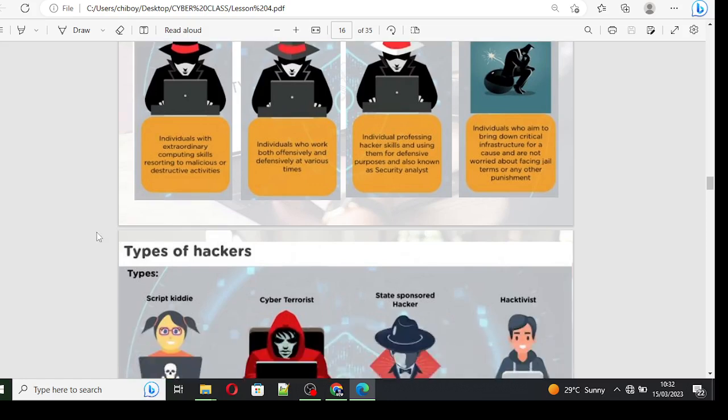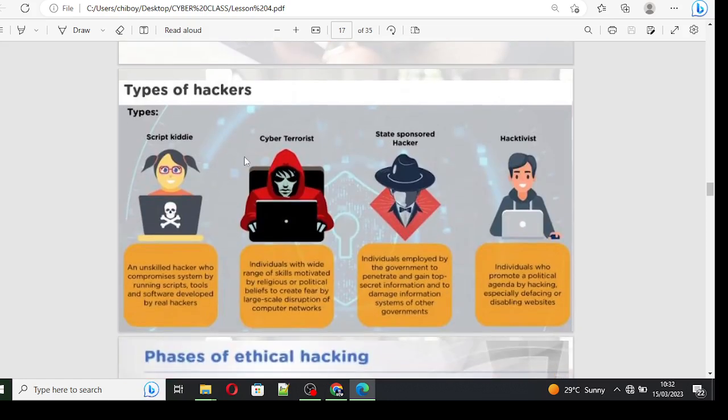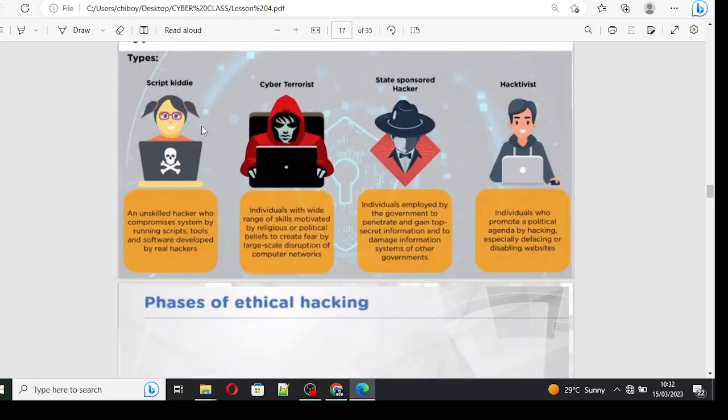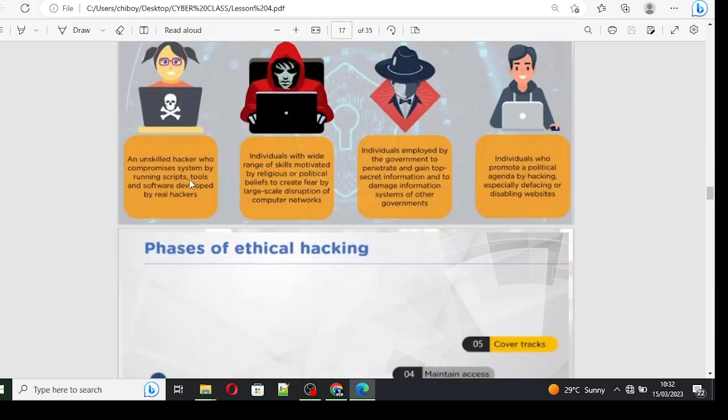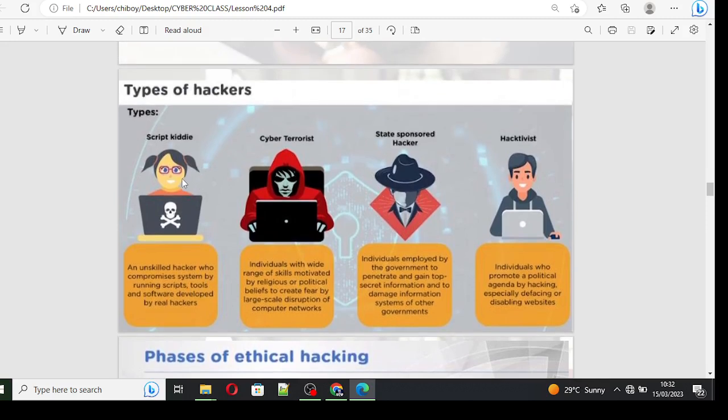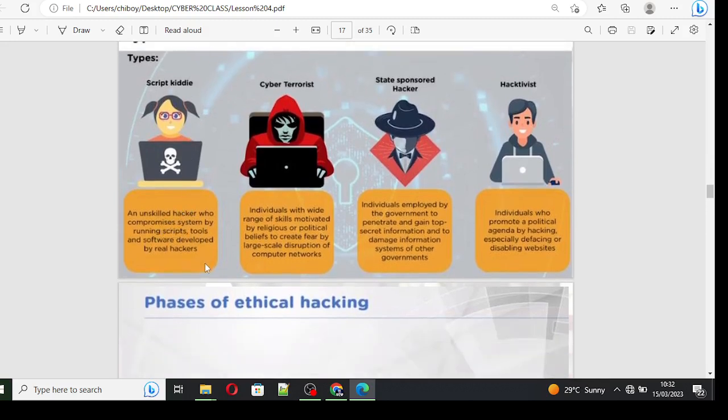Now, in this case, we'll be talking about other types of hackers. We have the script kiddies, we have the cyber terrorists, we have the state-sponsored hackers, and we have the hacktivists. When we talk about the script kiddies, they are unskilled hackers who compromise systems by running scripts, tools, and software developed by real hackers.